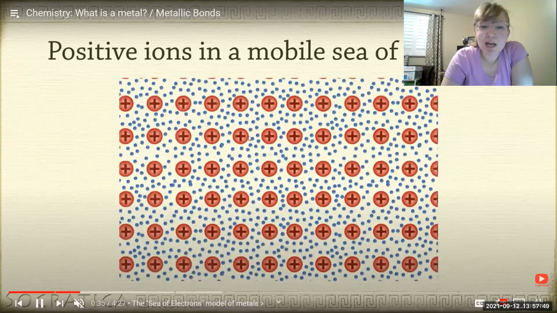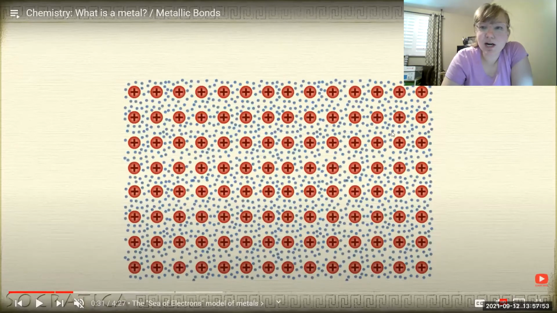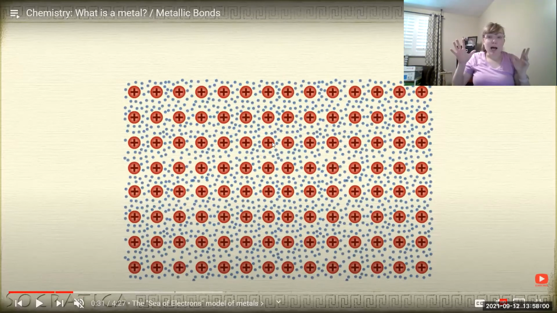So what it's showing us here is that we have the positive cations, but those electrons that were lost, they didn't actually go anywhere. They popped off of the metal, but they're still present.